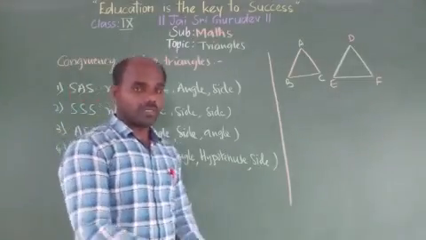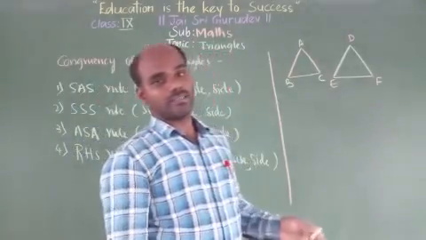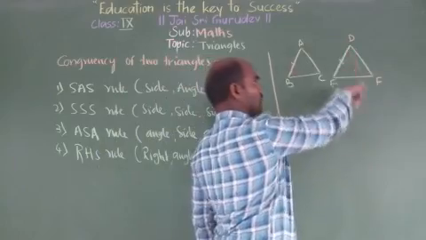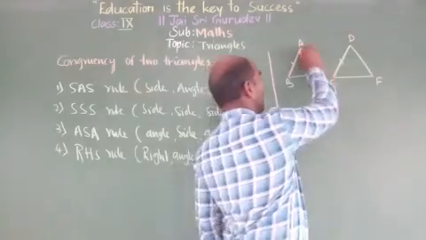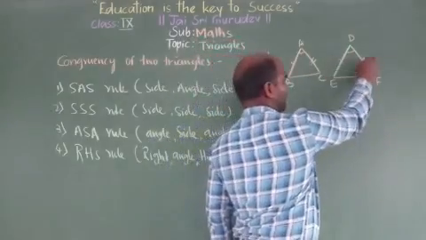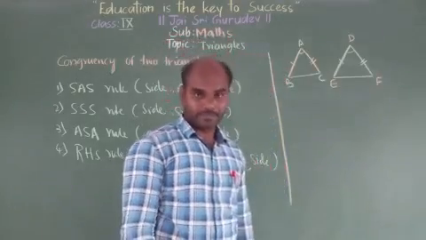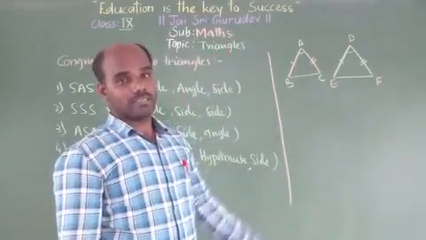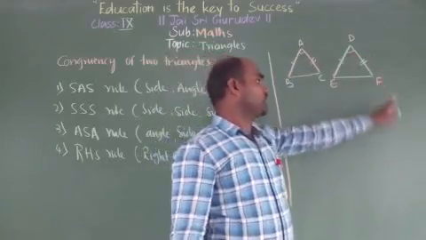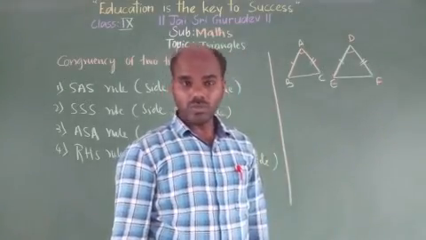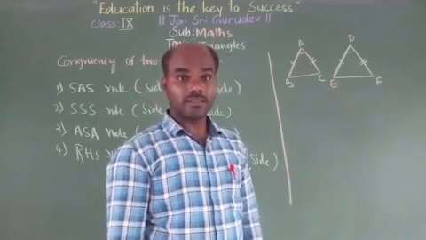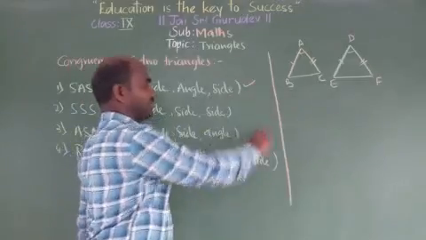To prove that, when we are comparing these two triangles, AB is equal to DE, angle A is equal to angle D, and side AC is equal to side DF. If we get AB equals DE, angle A equals angle D, and AC equals DF, then we can say these two triangles are congruent by the rule of SAS.